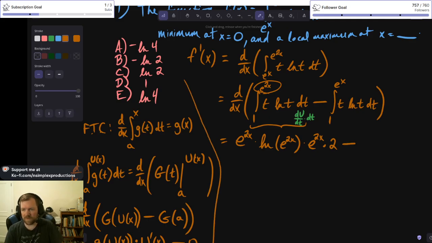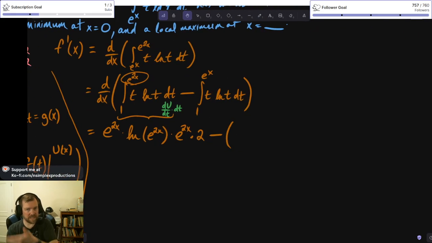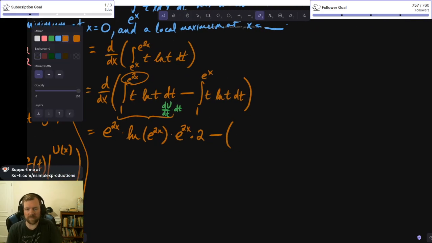Okay, and then we subtract, parentheses, the exact same thing for just e to the x now. So we're going to have e to the x times the natural log of e to the x times the derivative of the upper function, which is e to the x.